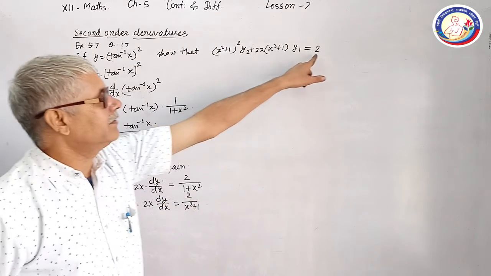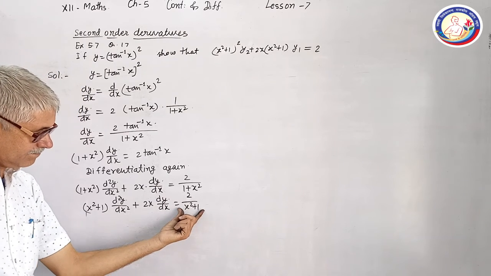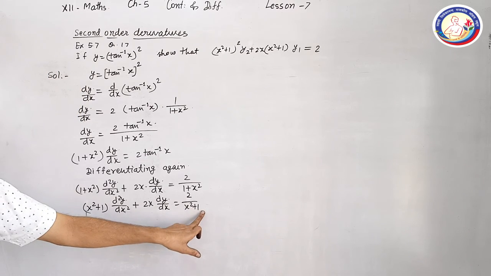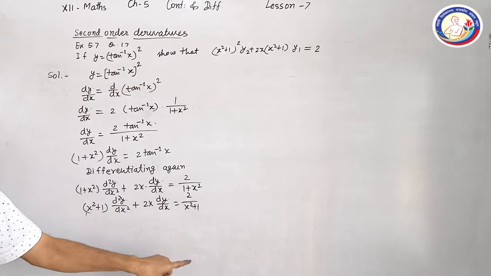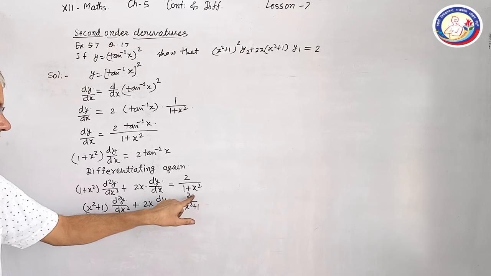This is 2 on the right hand side. We can obtain 2 by eliminating this from the denominator, or we don't want here x square plus 1 in the denominator, we want only 2.